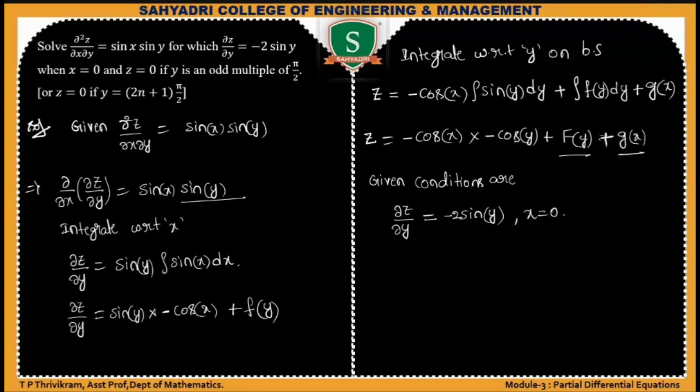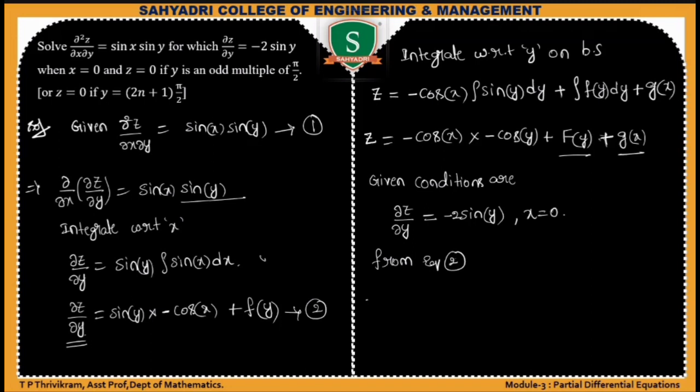Suppose I take the first equation as 1 and this one as equation 2. In equation 2 we have ∂z/∂y, correct? So from equation 2, I am substituting this value on the left hand side.